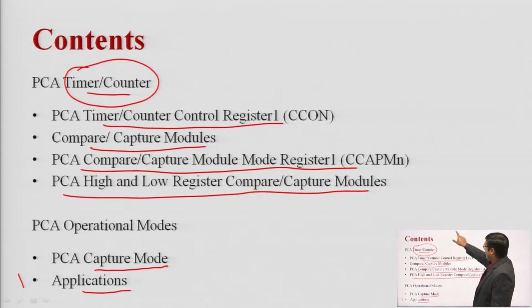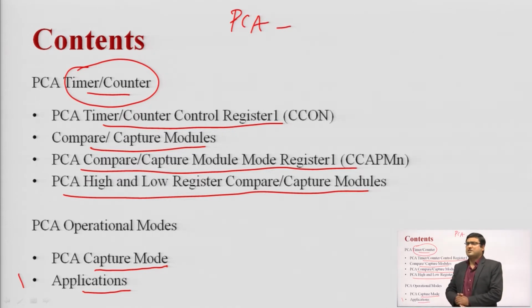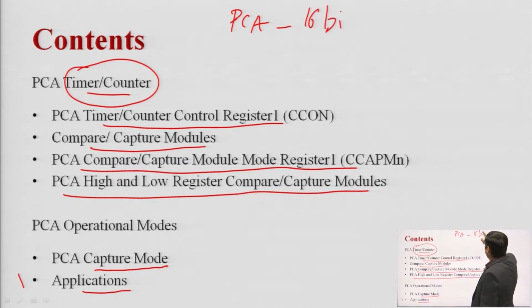So, what is PCA? In the previous lecture, we have seen that PCA is used to increase the performance of the hardware. This is a 16-bit counter, and by using the PCA counter, we can reduce our software overhead and improve our system efficiency. So, basically this is a 16-bit timer or counter.